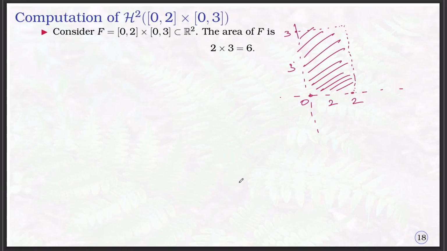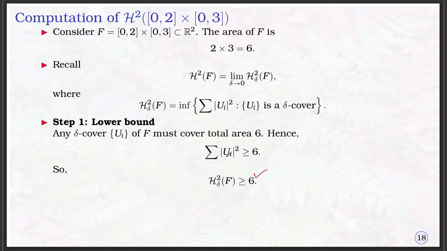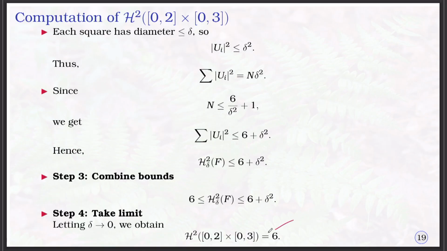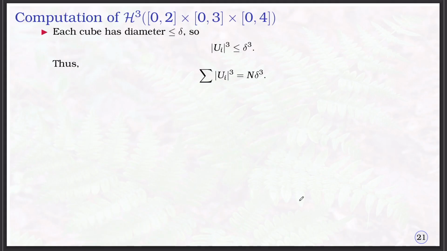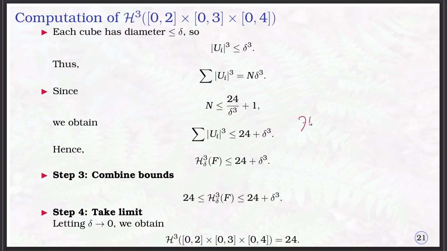So you can see in all our 3 examples, H1 of the interval 2, 5 gives the interval length; the 0, 2 cross 0, 3 rectangle gives the area; and this cube gives the volume. That means H1 of 2 comma 5 we get as 3, the length of this interval. H2 of the closed interval 0 comma 2 cross 0 comma 3, we got 6 as the area.